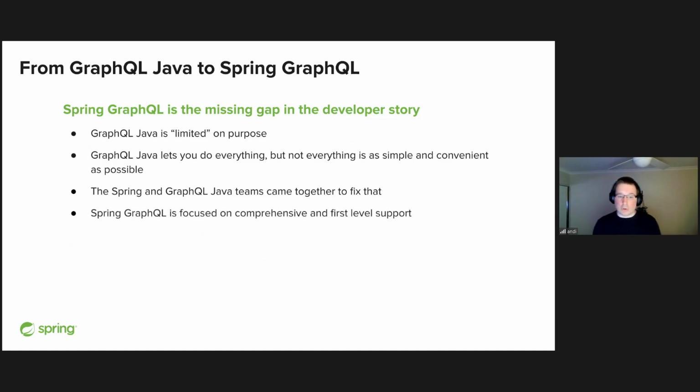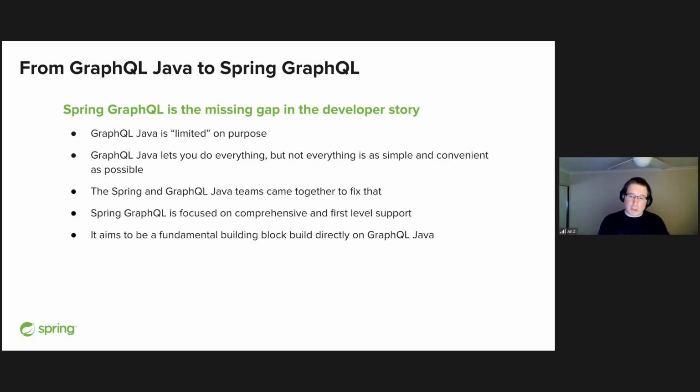Spring GraphQL is focused on comprehensive and first-level support. So you will get Spring GraphQL by the Spring team, and you will get comprehensive support. For example, right from the start, we support WebMVC and WebFlux. It aims to be a fundamental building block built directly on GraphQL Java. So Spring GraphQL does not abstract away GraphQL Java. You can't plug it against another execution engine.